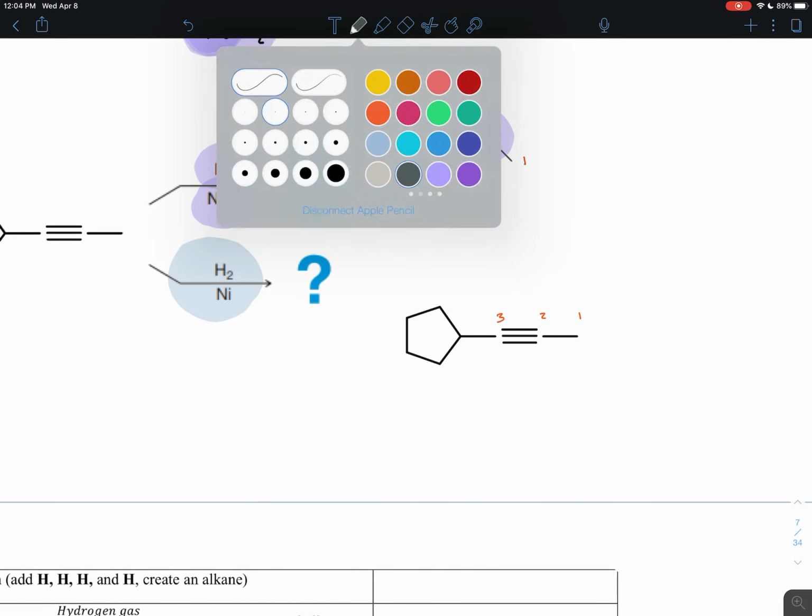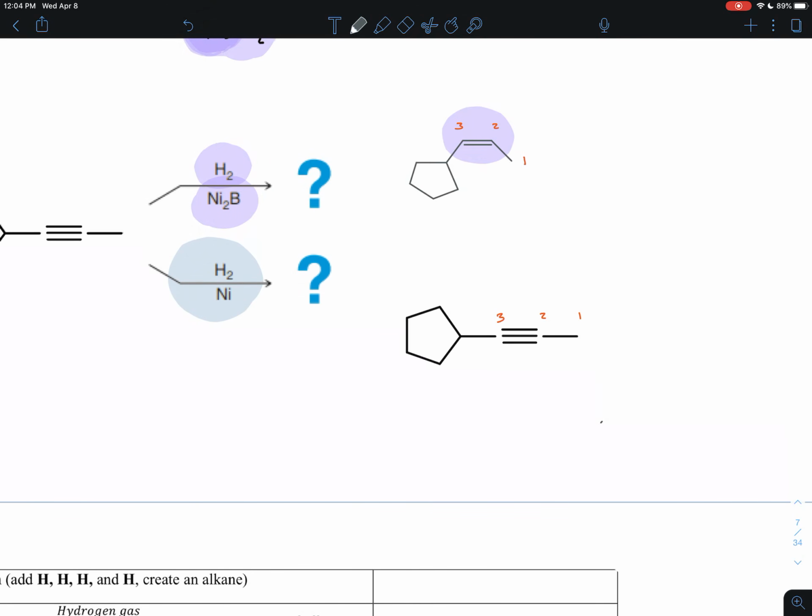And what we want to do is draw those 3 carbons just with single bonds. So let's say 1, 2, and 3. We'll number those so we can compare. And then coming off of 3, we want our 5-membered ring. So this carbon here has to be in a 5-membered ring.